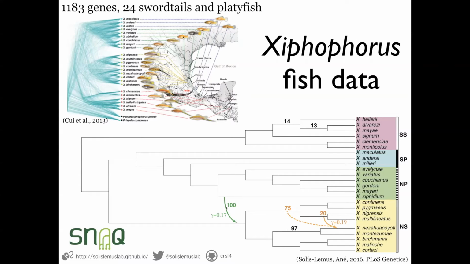The hybridization event in green had 100% bootstrap support. For the one in orange, the target was very confidently placed at X. nezahualcoyotl, but the origin was not. It was jumping. In some of the bootstrap networks, 75% had the origin of gene flow up here, 20% had it down here, so it was jumping around.